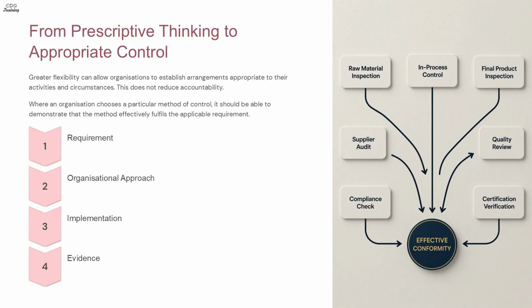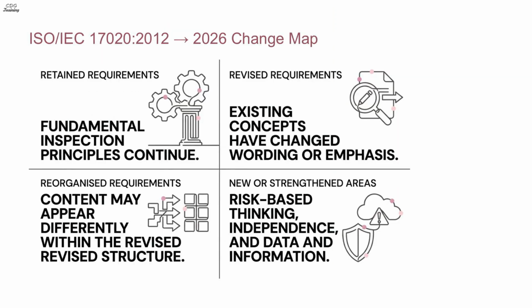The 2026 revision emphasizes that while fundamental inspection principles continue, existing concepts have changed wording or emphasis. Content may appear differently within the revised structure, and new or strengthened areas include risk-based thinking, independence, and data and information.